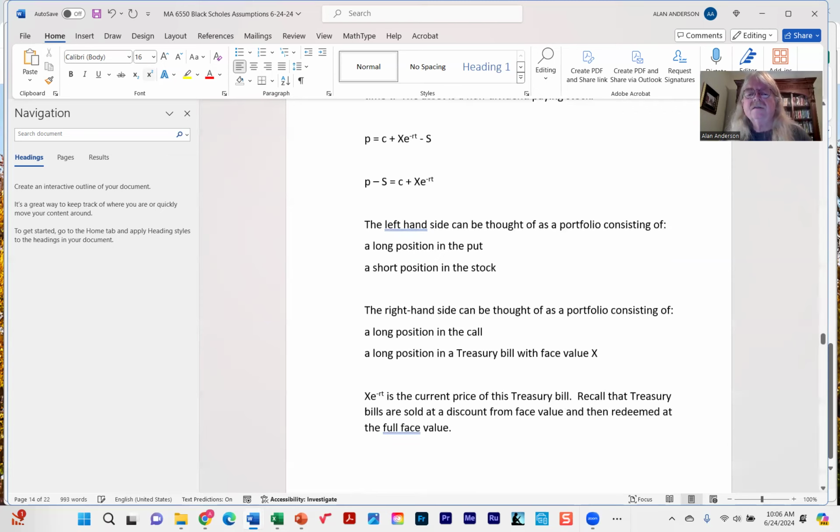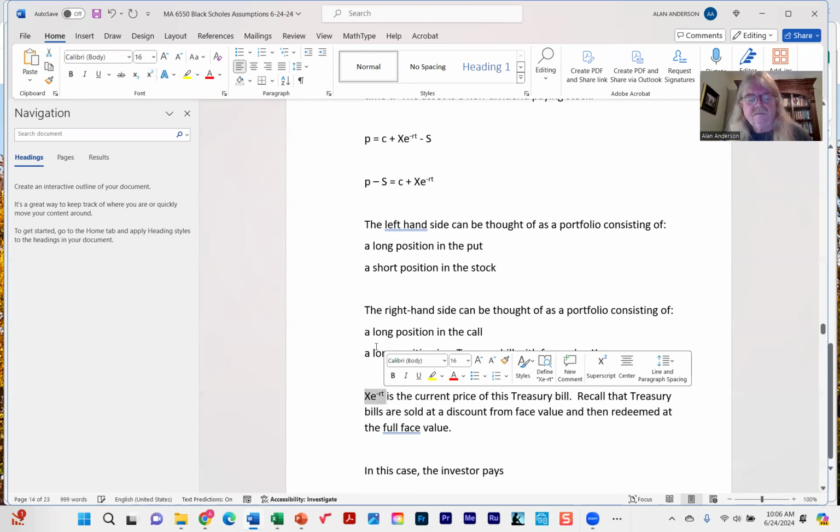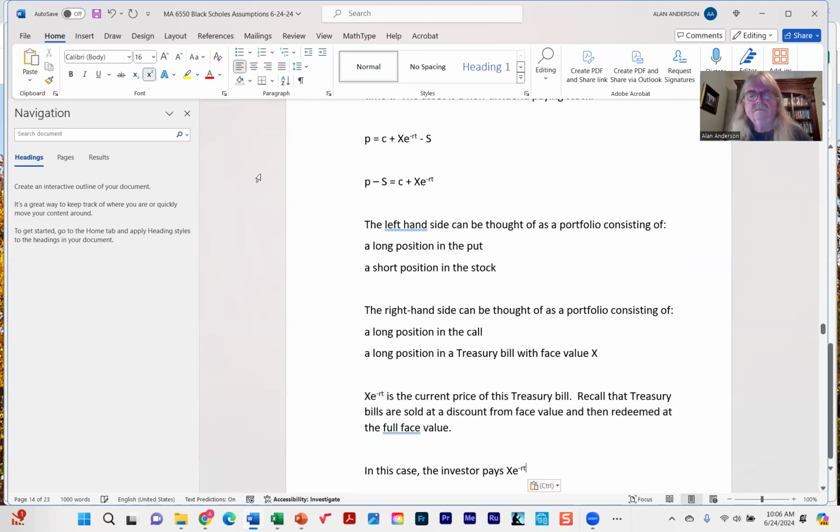So in this case, the investor pays this much for the treasury bill today, and receives a guaranteed X at the maturity date.